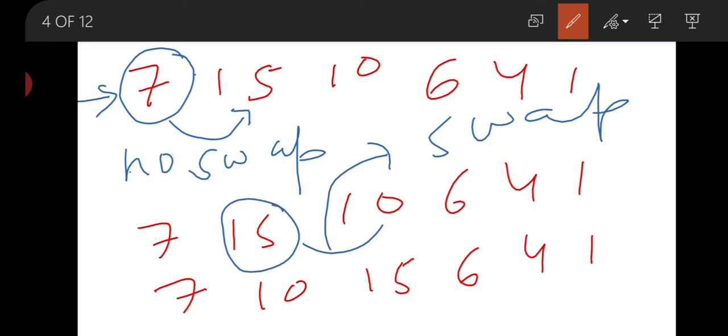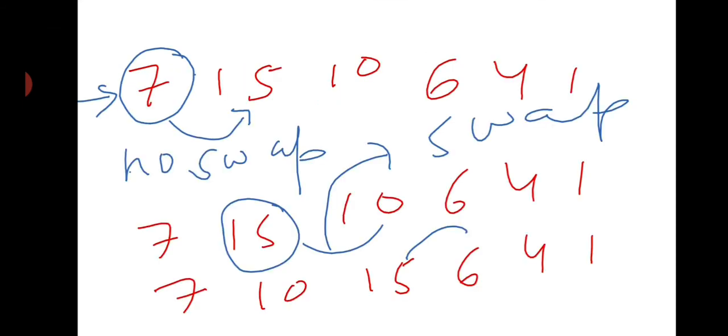In the next step we compare 15 with 6. 6 is less than 15, so 6 will be swapped with the position of 15. Now the list becomes 7 10 6 15 4 1.